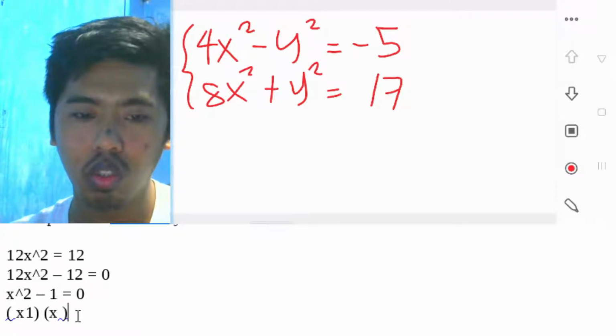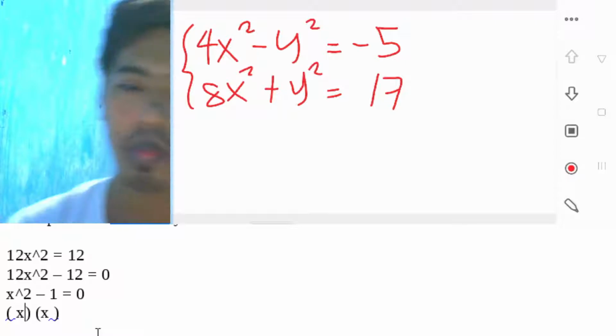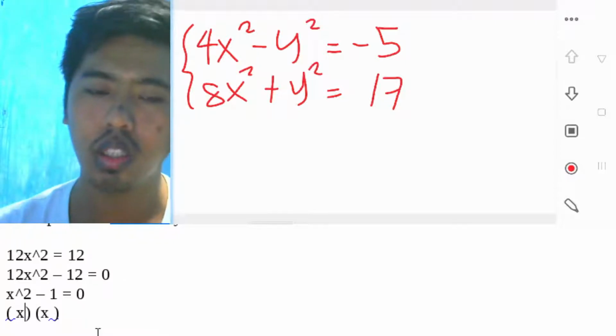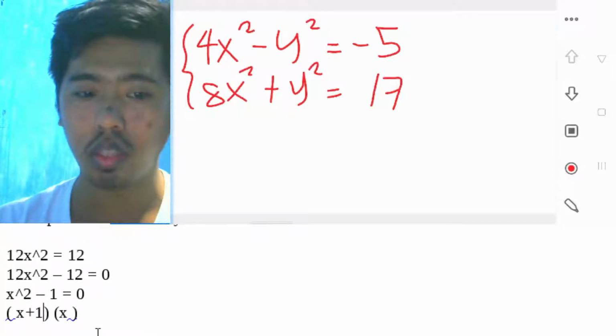Look at this one, x squared. What numbers could make it 1, positive 1 or negative 1?